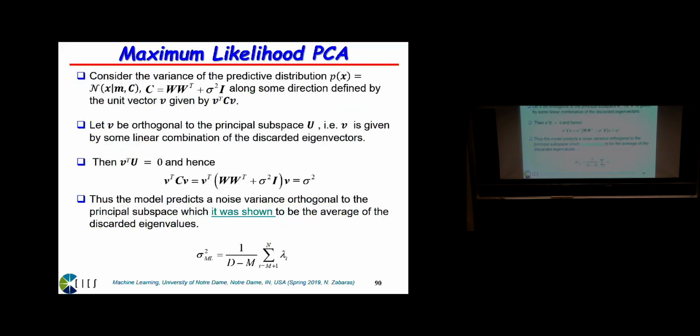What's the first term in W? It's U. U contains which eigenvectors? The first M leading eigenvectors, but v is orthogonal to them. So can you see that v transpose W and W transpose v will come to 0? All right? So the variance in every direction that is orthogonal to the principal subspace is actually sigma squared. It's the same.